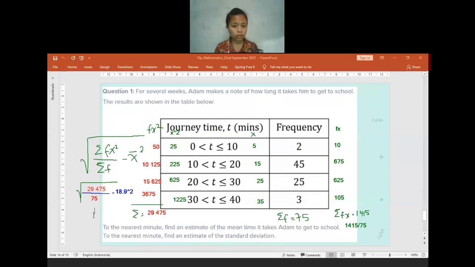Is it 5.99? Is there anyone who has a different answer from the one who already told me? Yeah, I get it. I just make it into three significant figures. It will be about 19.7, I think, if I'm not making any wrong calculation.